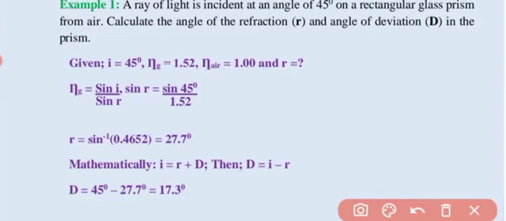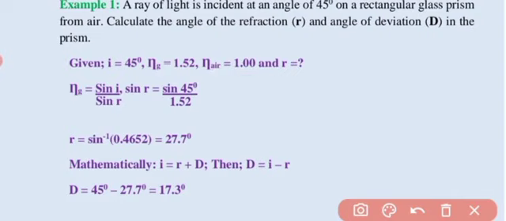Okay, from the question, our I, which is the angle of incidence, is given as 45 degrees, and we have the refractive index of the glass as 1.5, and without it being given, we also know that the refractive index of air is 1. That is, the refractive index of air or vacuum is equal to 1.